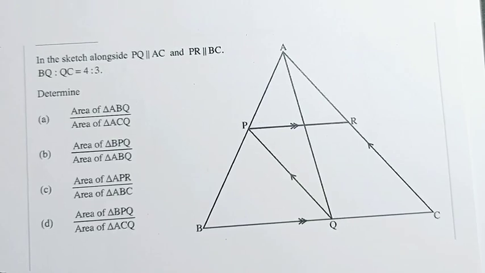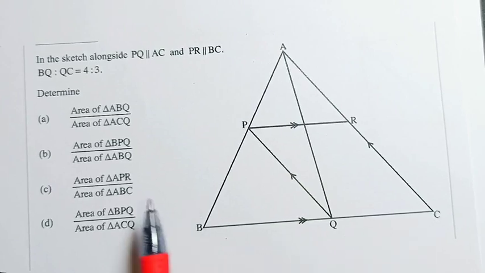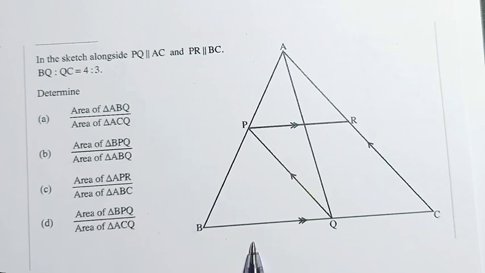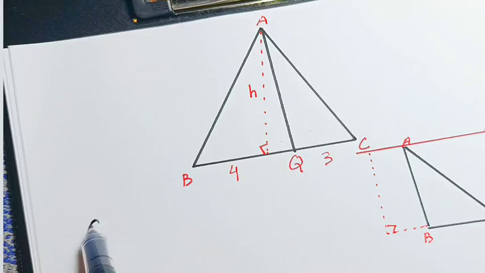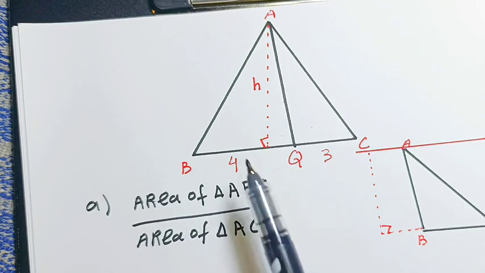So we have the information BQ is 4 and QC is 3, ratio 4 to 3. The first question: area of triangle ABQ over area of triangle ACQ.